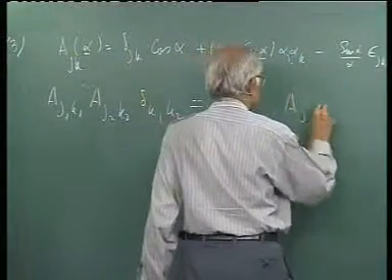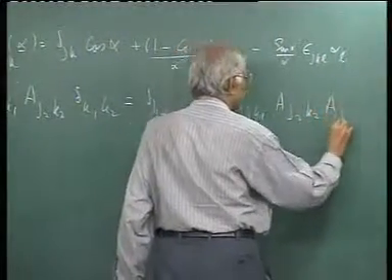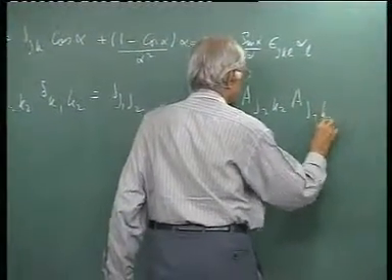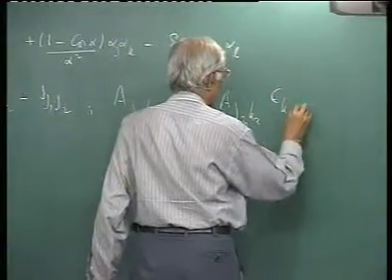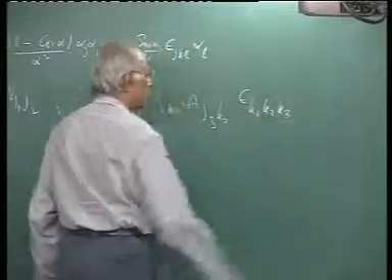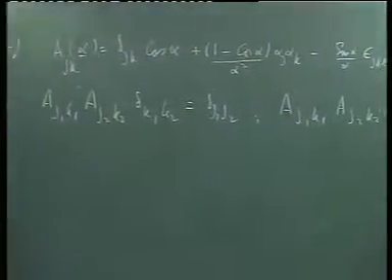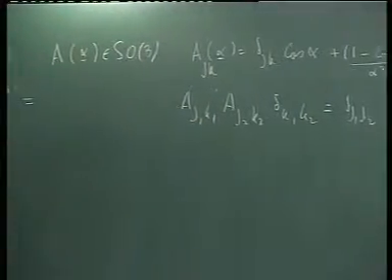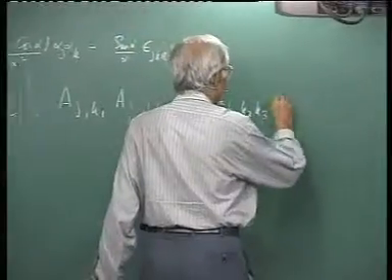Then suppose I take three matrix elements and put in the Levi-Civita symbol, and now I sum over all three, K1, K2 and K3. What is this equal to?